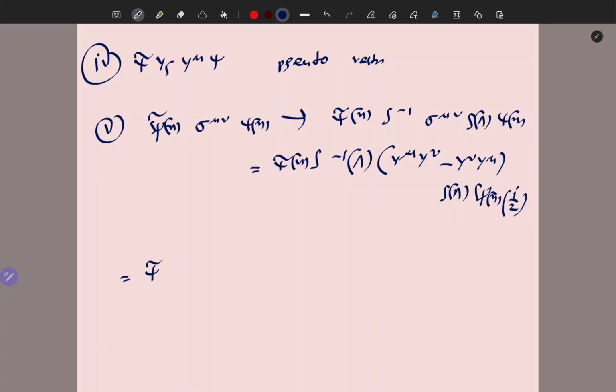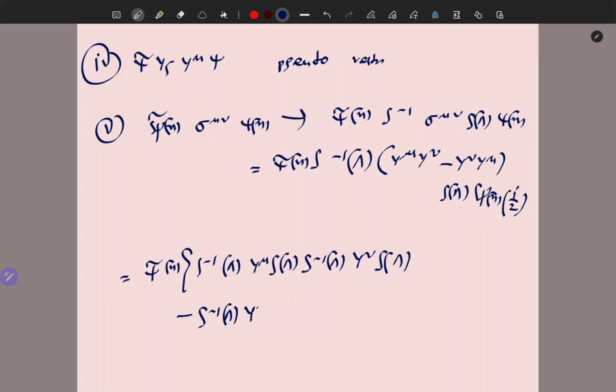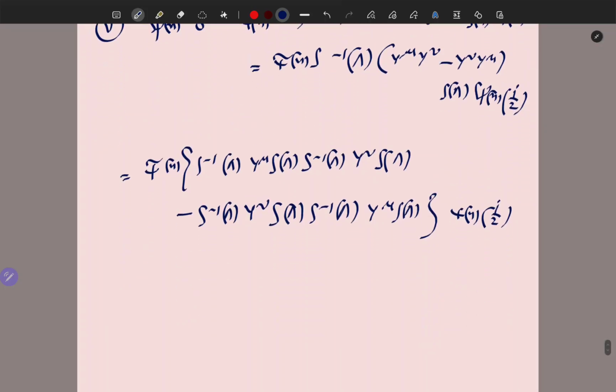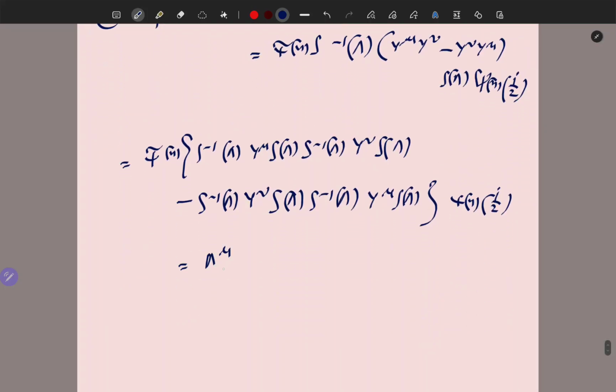Equal to psi tilde of x S inverse of lambda gamma mu S of lambda S inverse of lambda gamma nu S of lambda minus S inverse of lambda gamma nu S of lambda S inverse of lambda gamma mu S of lambda psi of x, i by 2, equal to lambda mu sigma lambda nu rho psi tilde of x sigma rho psi of x. This is equation number 70.